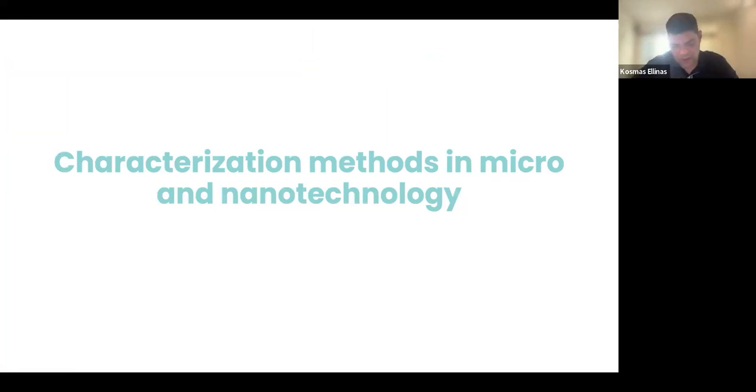So up to now, I have quickly passed through the more commonly used methods of creating an initial pattern on a surface, then using this pattern either to etch the material itself selectively or to deposit a material selectively. In this way, we can create whatever we want.